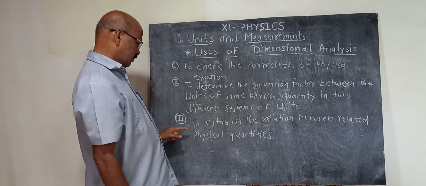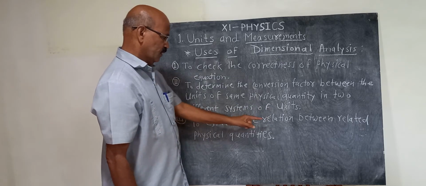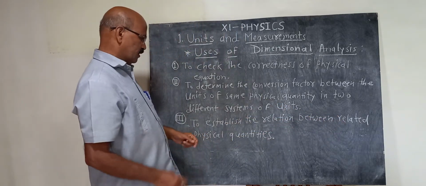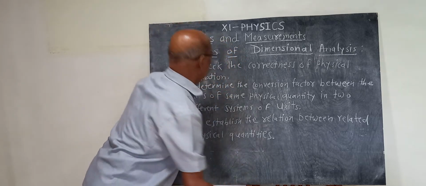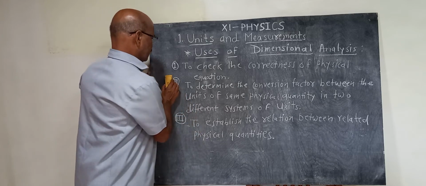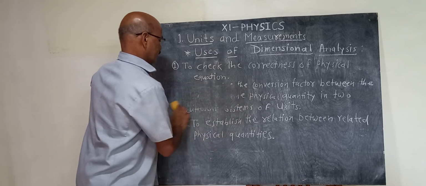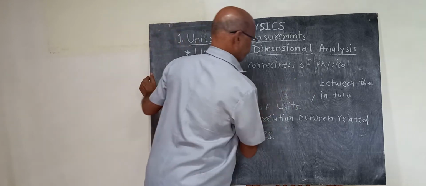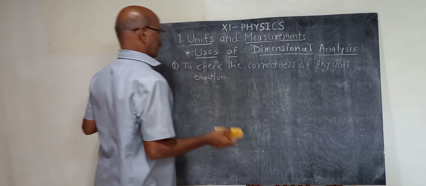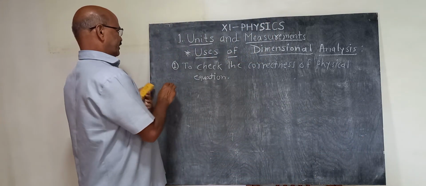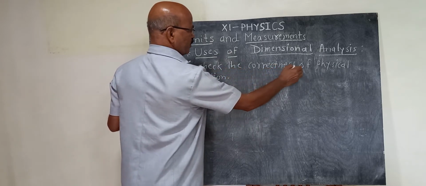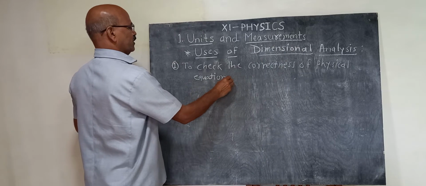Third use is to establish the relation between related physical quantities. With the help of dimensional analysis, we illustrate these examples of physical quantities. So first use is to check the correctness of physical equation.